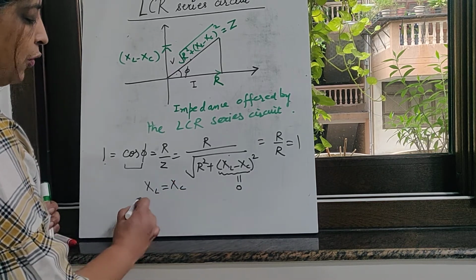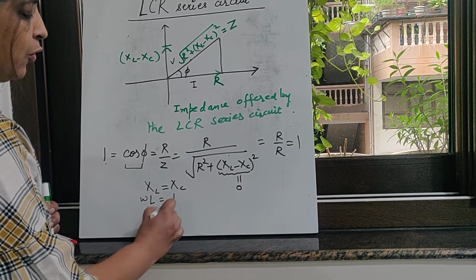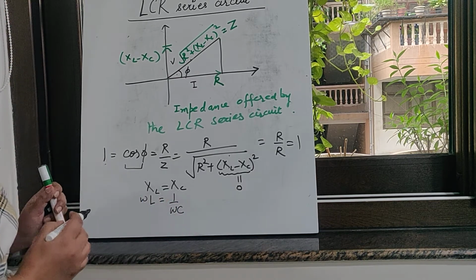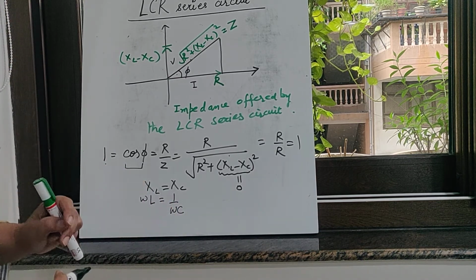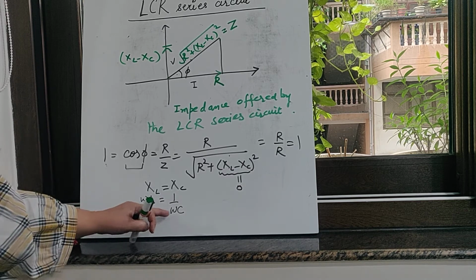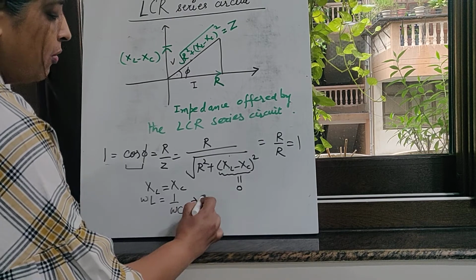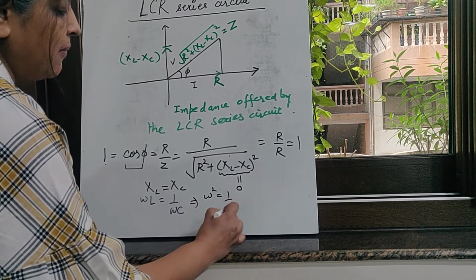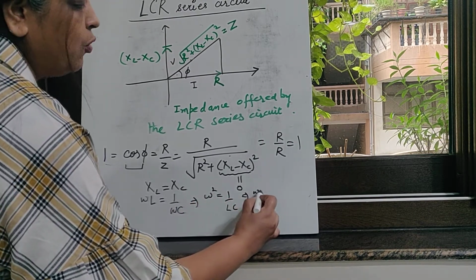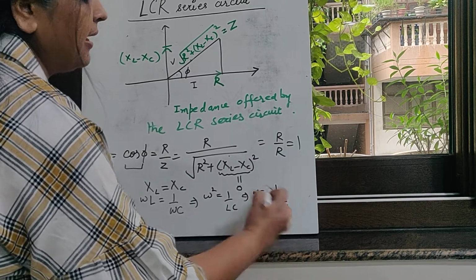And XL equal to XC means omega L is equal to 1 by omega C, which we have already done for the pure inductive and the pure capacitive circuits. XL is equal to omega L, XC is equal to 1 by omega C. So this means omega square is 1 by LC, which further means omega is 1 by root of LC, right?